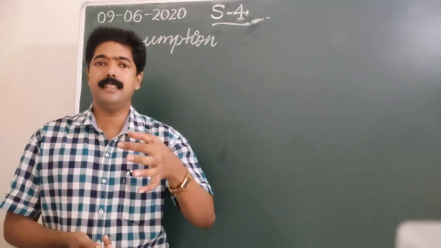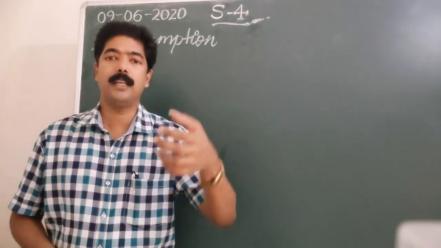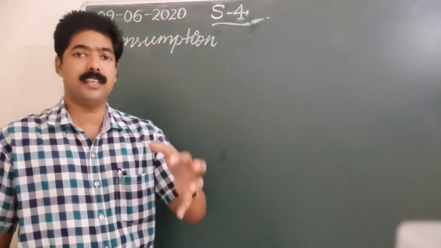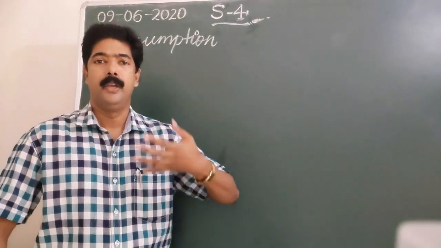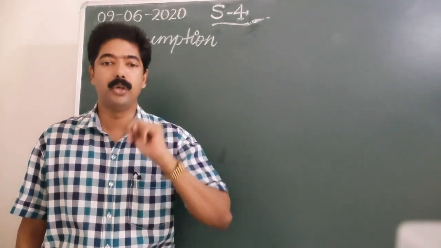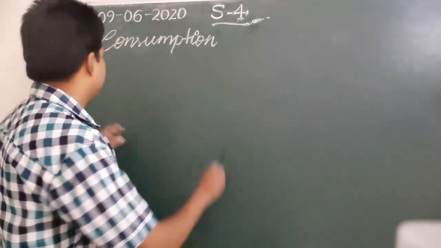Therefore, commodities can be divided into two categories. What are the two categories of commodities? Commodities are very essential to satisfy human wants, and can be categorized into two groups. These divisions are goods and services.